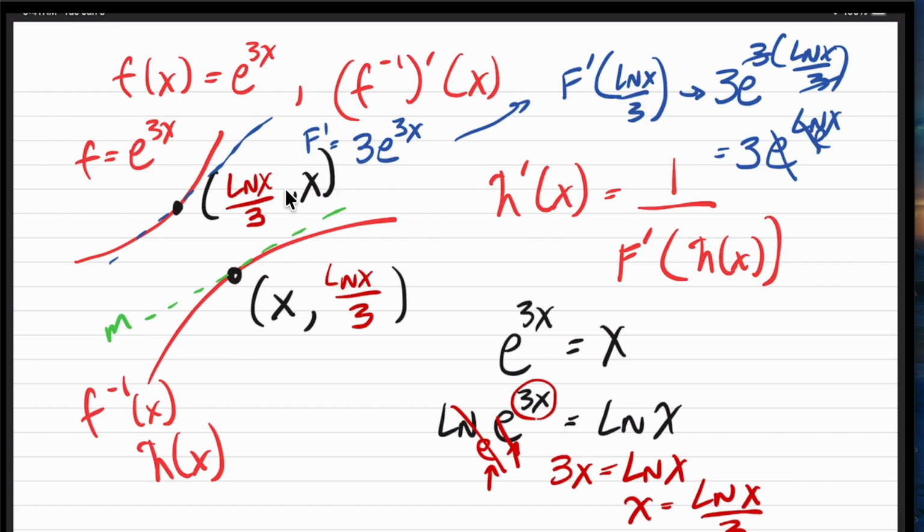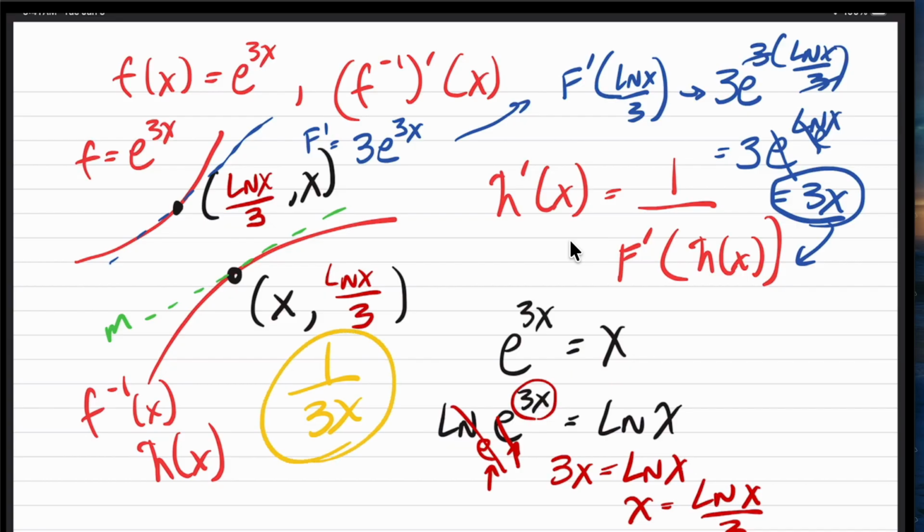This is going to cancel out, and we're going to end up with 3x. Okay, so this value is 3x. Therefore, h prime of x, or f inverse of x, is going to end up being, here in yellow, 1 over 3x. So that is the final answer to this problem.